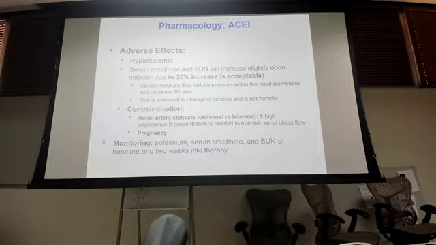Because we need to know if that potassium's getting too high or how the kidneys are working. About 2 weeks for an ACE, a little bit sooner than your hydrochlorothiazide, 4 to 6 weeks, right? A little bit sooner, only because the adverse effects can be much more severe.